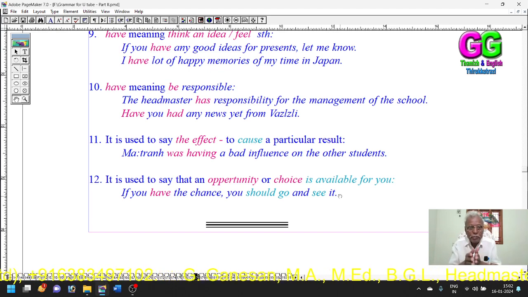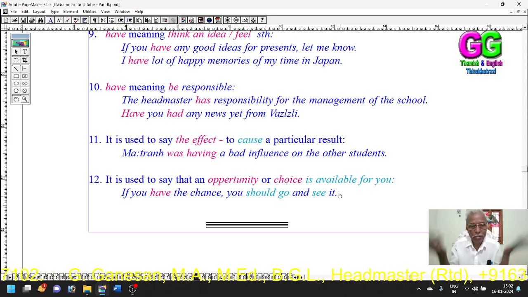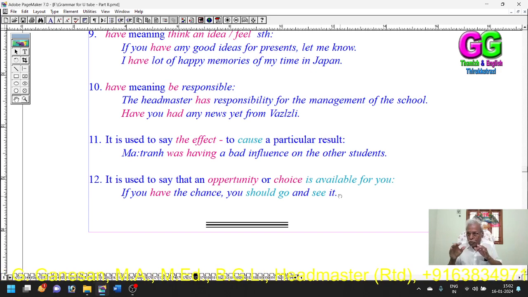Thus we have seen, first, have in the meaning of possess, and in the remaining 11 heads, various meanings in which have can be used.